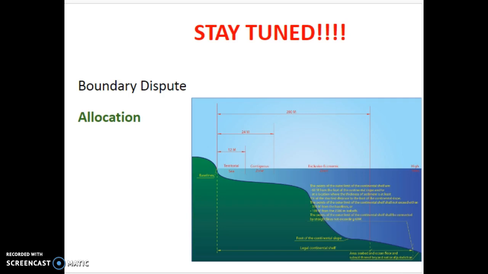So we're going to use a concept the United Nations created, a treaty called the Law of the Sea. I don't want to go into that just yet, number one because of my voice, but number two, this one has also been very trendy on the FRQ prediction, so I really want to take some time to dive into the Law of the Sea. It will also be a great example of a possible allocational boundary dispute.